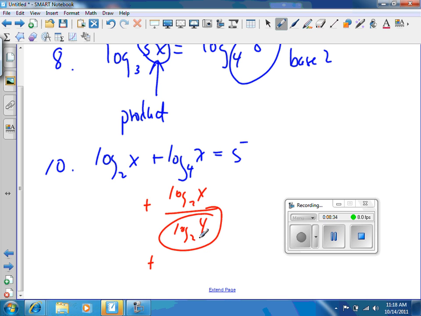So that's a really nice little substitution to make. So experience is what helps you do this. You see 4, it's a base, can be put into base 2, right? So that's what I would do. I wouldn't go to base 10, I'd go to base 2.